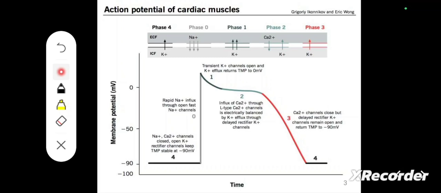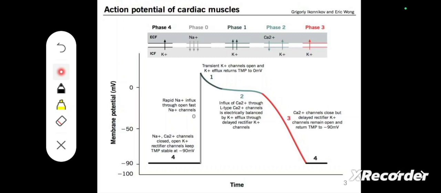the cardiac cell. At phase 3, the calcium channels slowly close and potassium efflux predominates, and the voltage returns to its resting value. The calcium is actively transported out of the cell and also back to the sarcoplasmic reticulum.